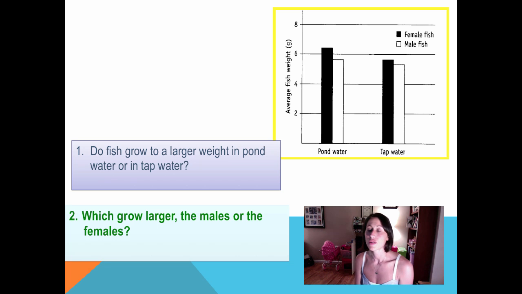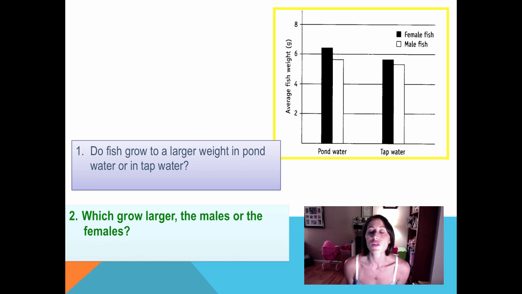Bar graphs instead are used to compare groups, okay? So before we were looking at change of different plant types over degrees of fertilizer. Now in this bar graph, we're looking at the difference of fish grown in pond water versus fish grown in tap water. So that's what I mean when we're looking at comparisons, okay?